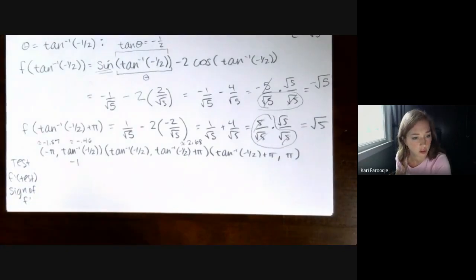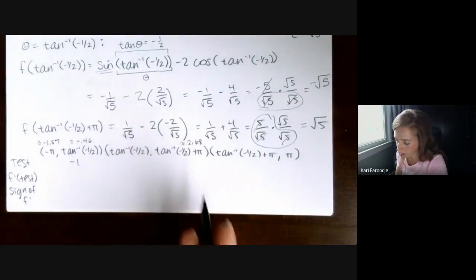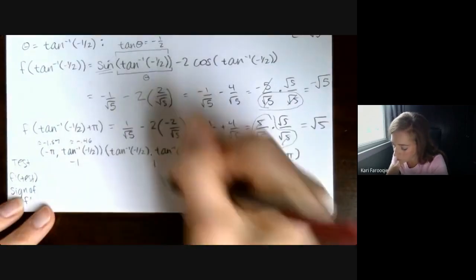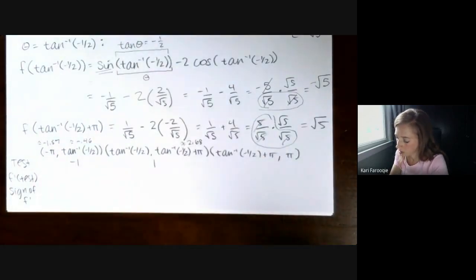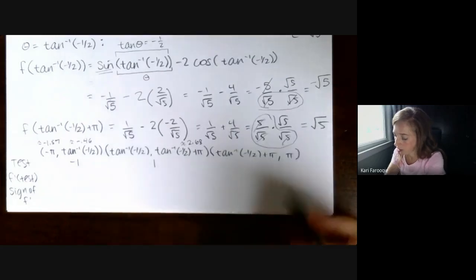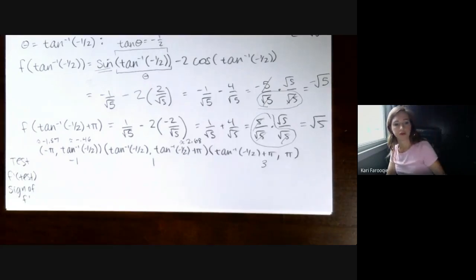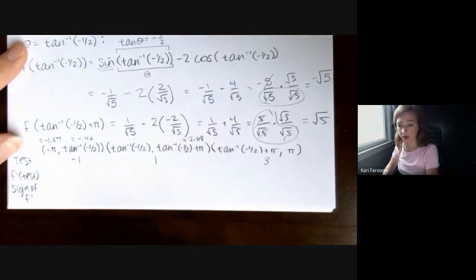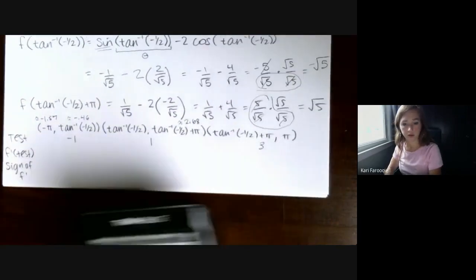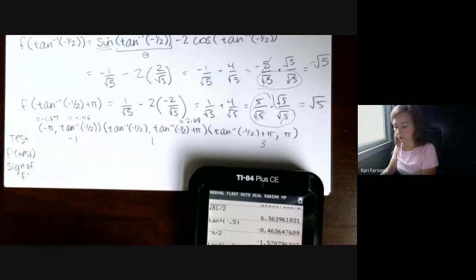Maybe for the second interval, you're going between about -0.46 and 2.68, so maybe +1. And then between 2.68 and pi, I would probably just choose 3. And then evaluate your derivative at those values. Your derivative was cosine theta plus 2 sine theta. You might just want to put this into your calculator. You certainly don't have to. But I think that's going to be the fastest way to do this.